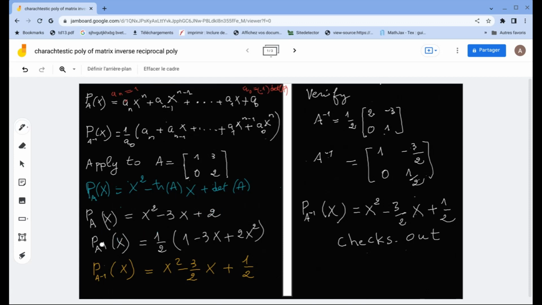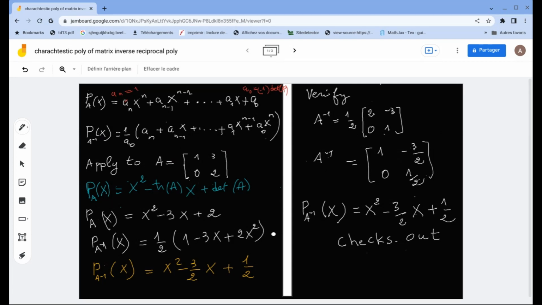Then the characteristic polynomial of A inverse is 1 over a0. a0 is equal to 2. So 1 over 2, and I keep the coefficients 1, minus 3 and 2, but with decreasing power of x. 1 x power 1 here and x power 2 here.